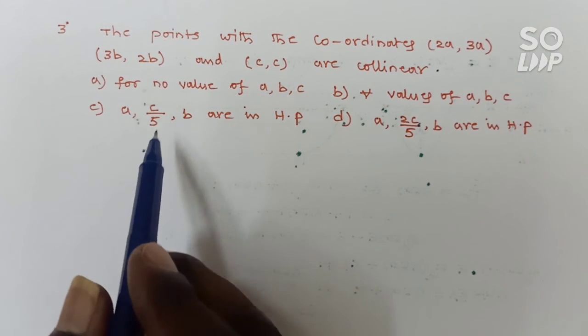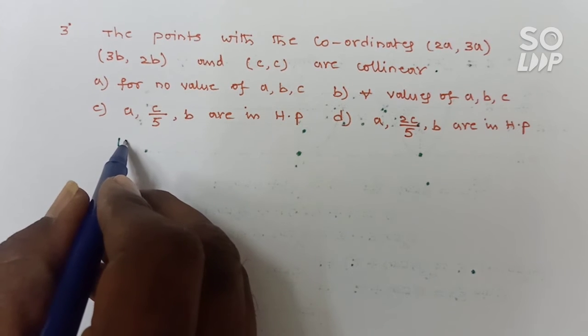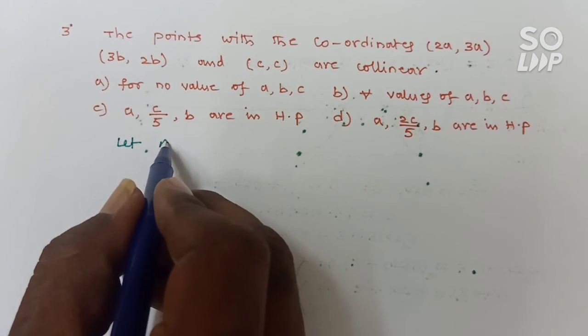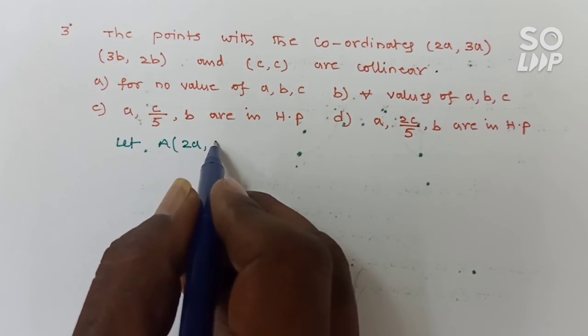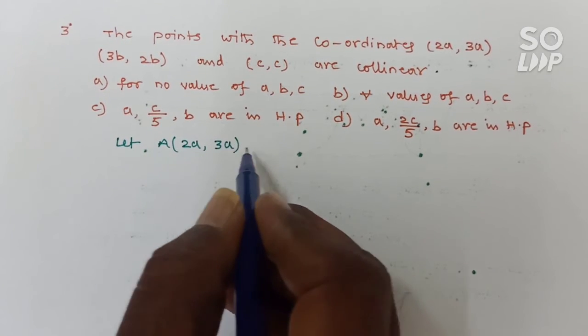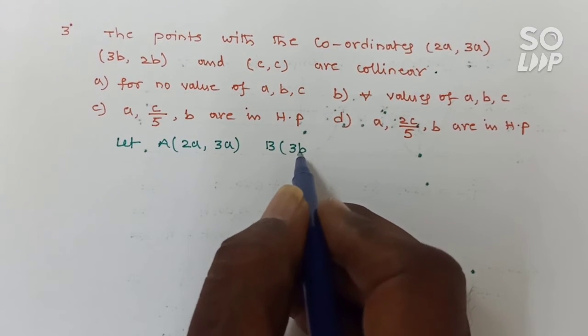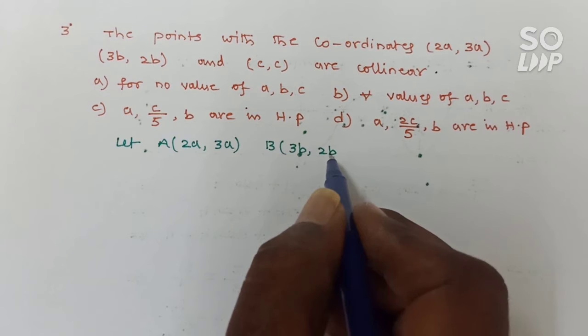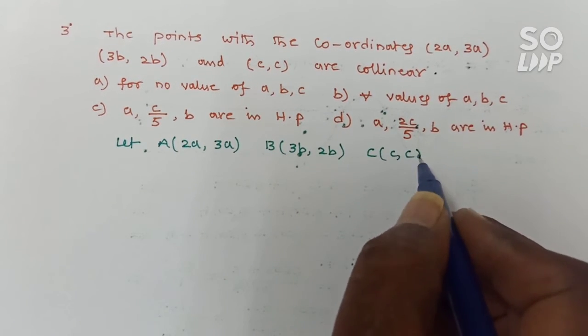Here, better you apply the slope concept. First of all, take the given points A, B, C. Let capital A be 2a comma 3a, capital B be 3b comma 2b, and capital C be small c comma small c.